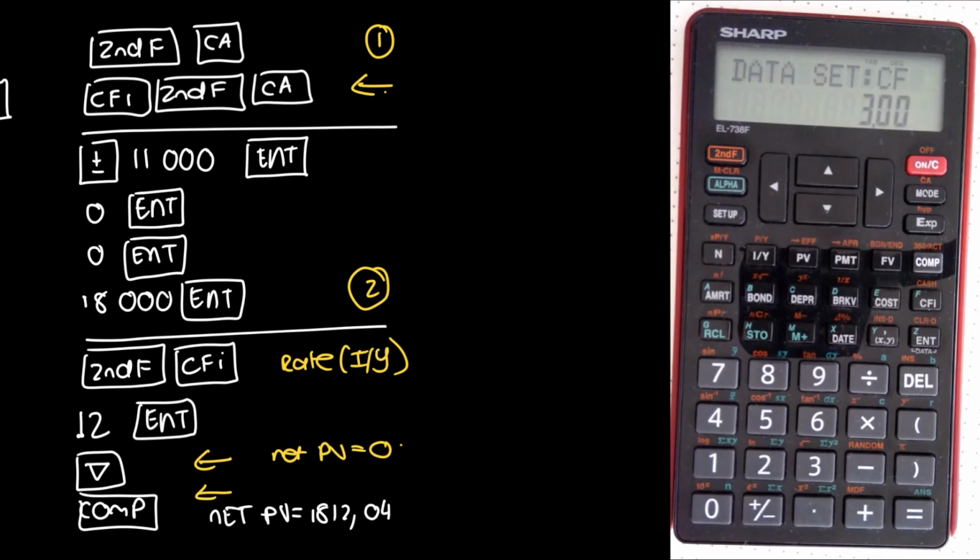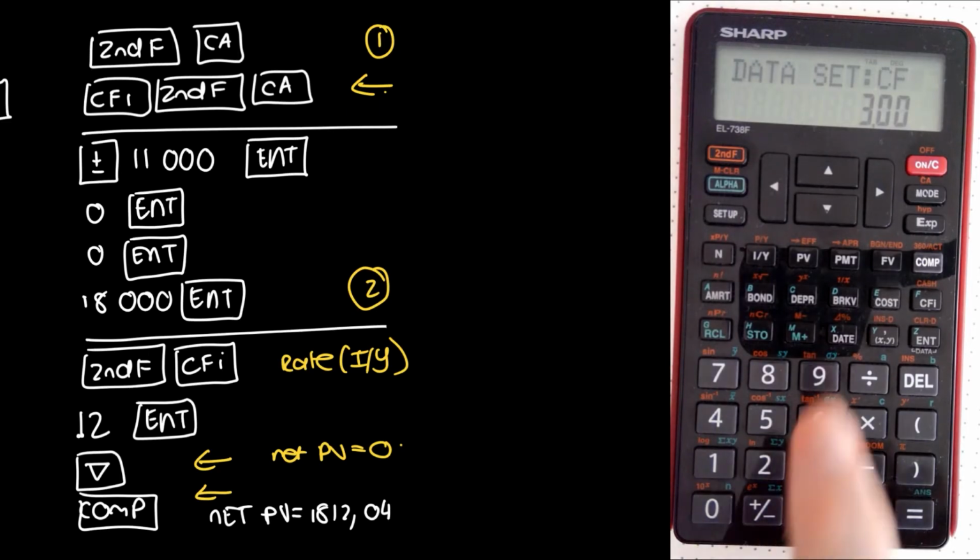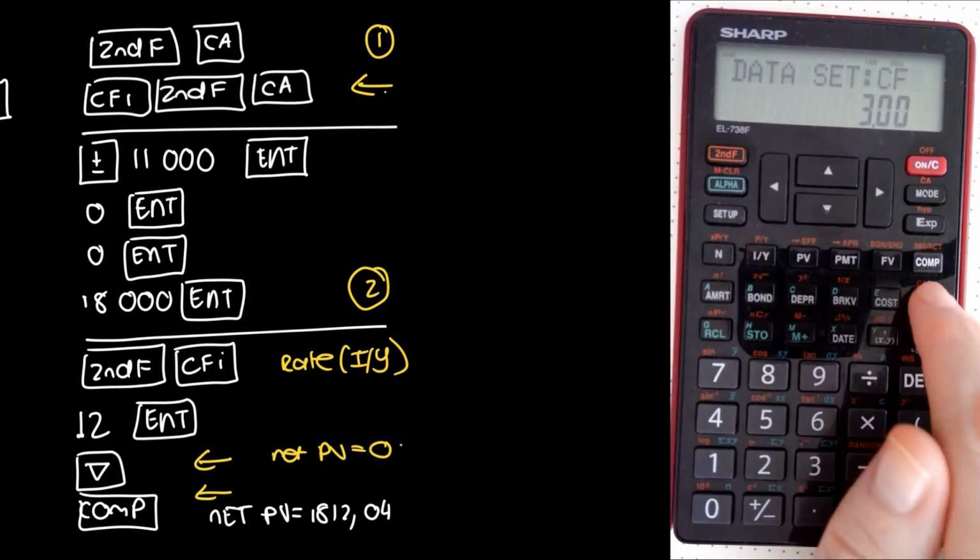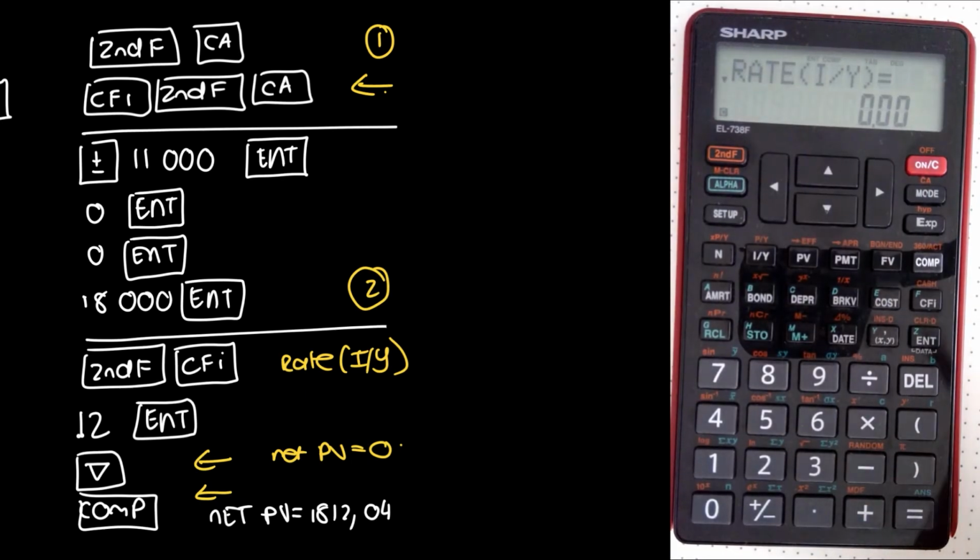So now we can actually go ahead and put in the interest, so the alternative. So we have the project information, it goes in via a table. And now we're going to put in, like if we just invested in the bank, what interest rate percentage we would get via that. So we will push second function and CFI to bring up the cash button.